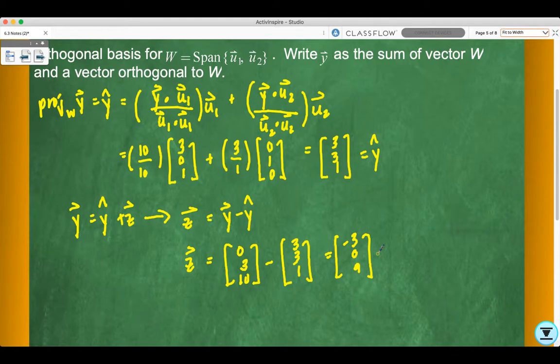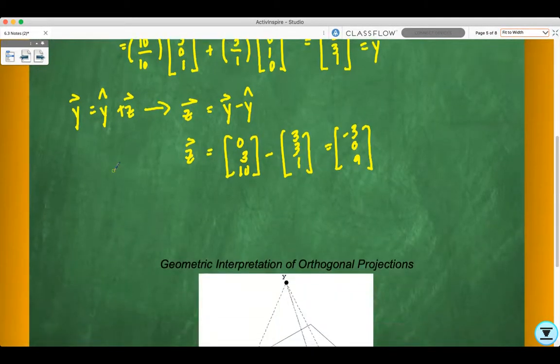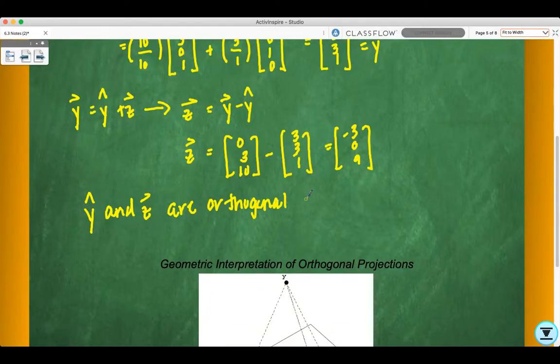Now, we need to verify that y hat and z are orthogonal, even though Theorem 8 ensures that, and you would have to take the dot product of those two. So I'm just going to state y hat and z are orthogonal because y hat dot z equals 0. And this would be your geometric representation of it.